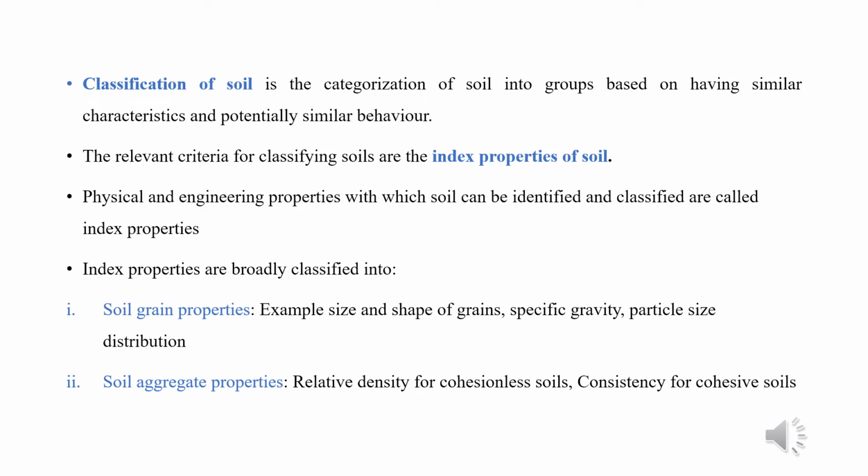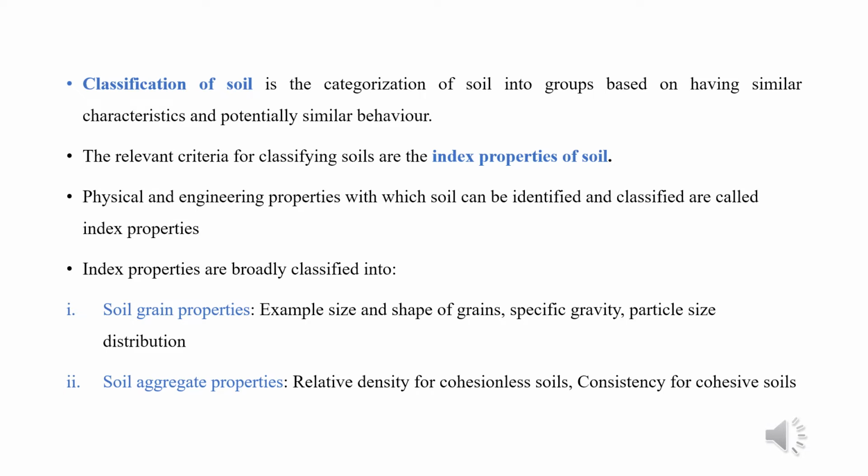So these soil grain properties are all those properties which pertain to the individual solid grains, and they remain unaffected by the state in which a particular soil exists in nature. That is, they are independent of the manner of soil formation.